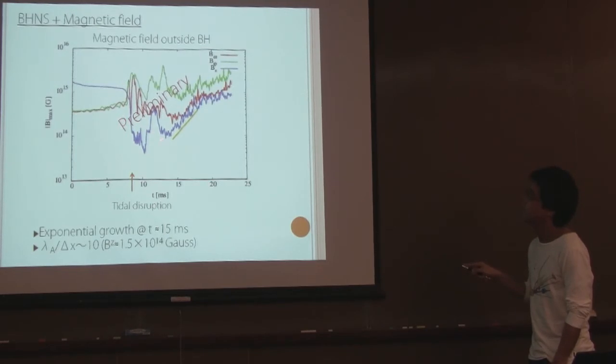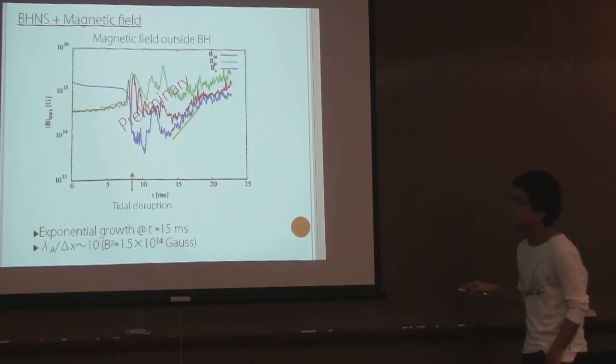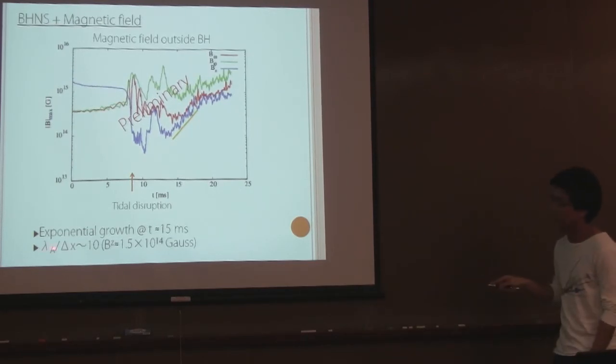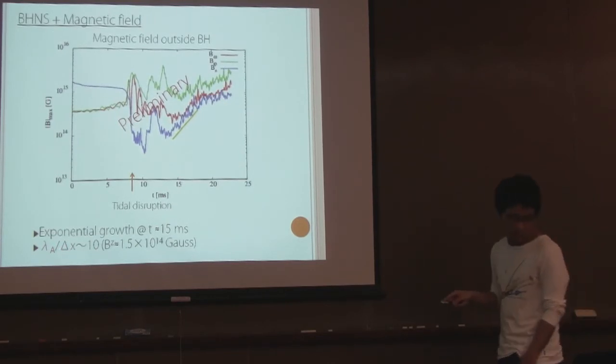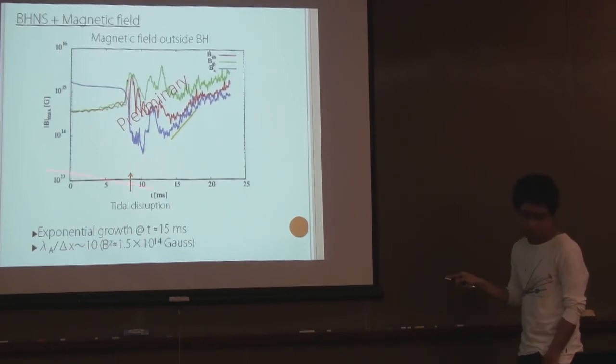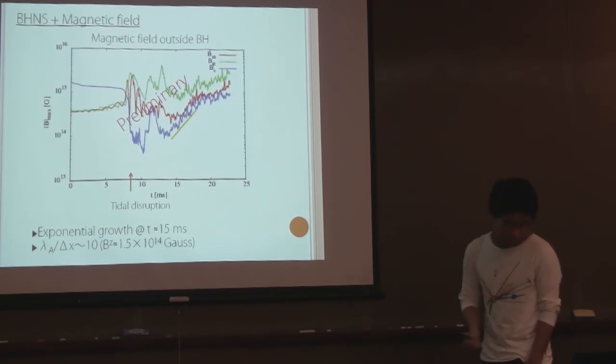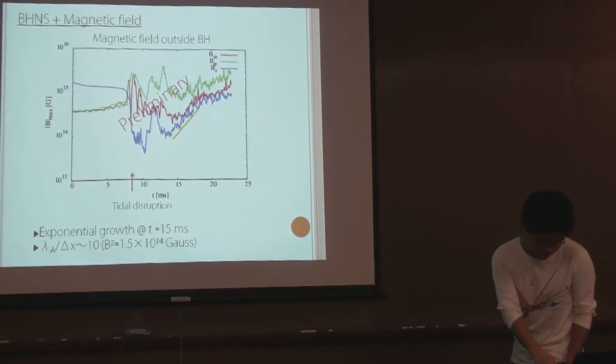However, around 50 milliseconds, the toroidal field starts to grow exponentially, and we estimated the MRI length divided by the grid resolution, which gives an order of about 10. But this is a very, very preliminary result, so we should do a more precise analysis.